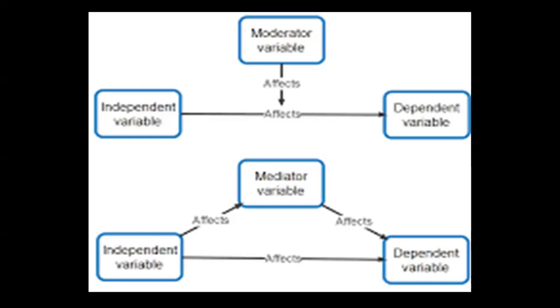For example, if I want to study the effect of purchasing power, or high economic index, on higher education, and the area, the sampling frame where I'm going to study this particular phenomenon, does not contain any kind of universities or higher education institutions.